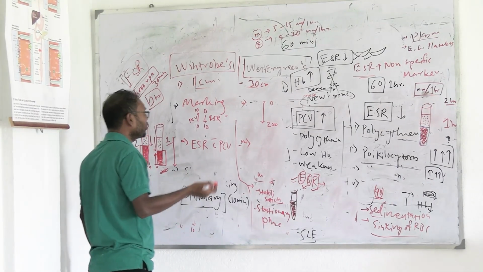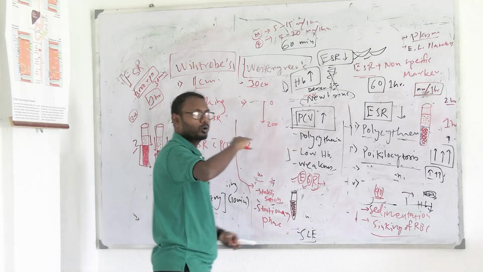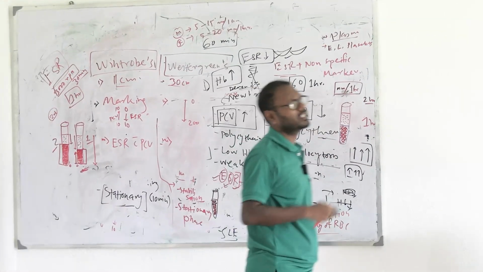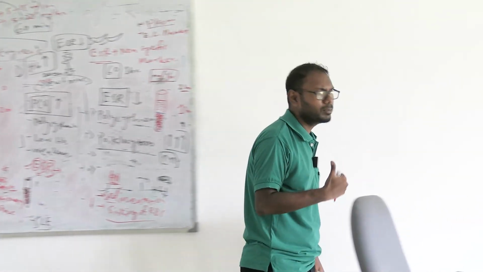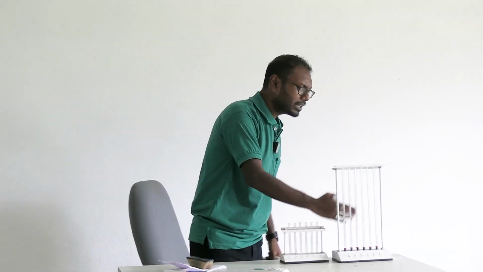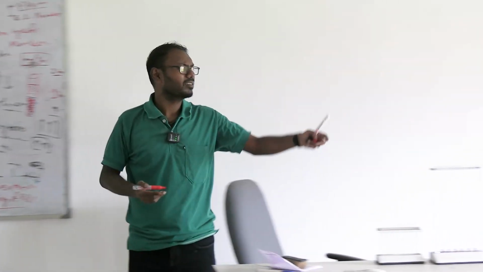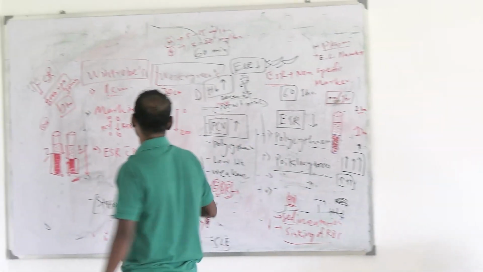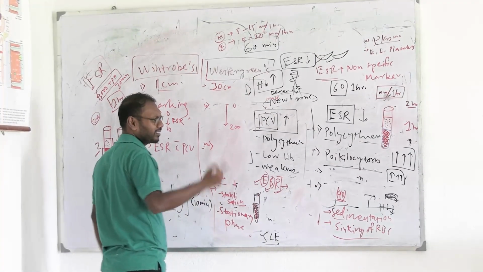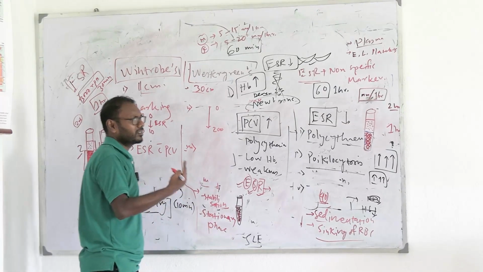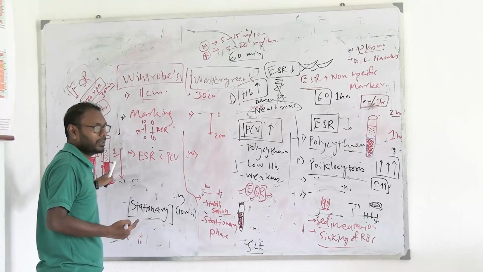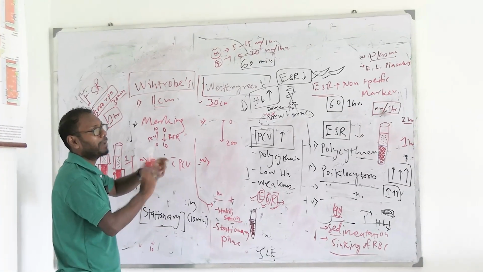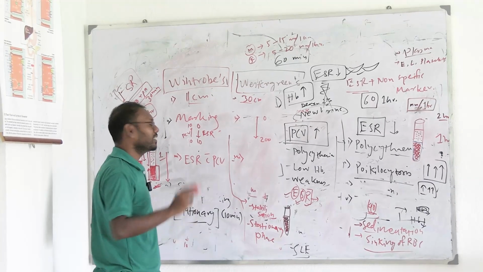Okay, so look, those very long tubes are not physically or mechanically possible to put under those centrifugal machines, because they are very large in size and shape. So in case of Westergren's method, if you don't sediment using the centrifugal machine, the cells will not be packed that properly.